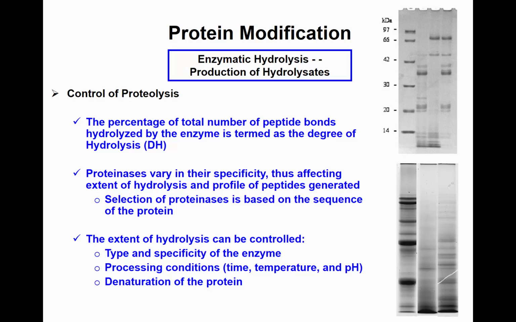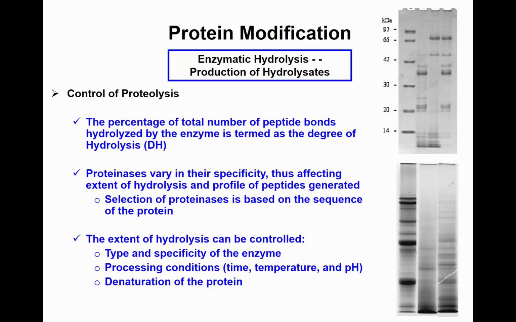So we don't want a high degree of hydrolysis because of loss in functionality, and also because of bitterness. Mostly you will release peptides, some of them hydrophobic, and hydrophobic peptides tend to be bitter. So the more you break down the protein, you are going to release some hydrophobic peptides.